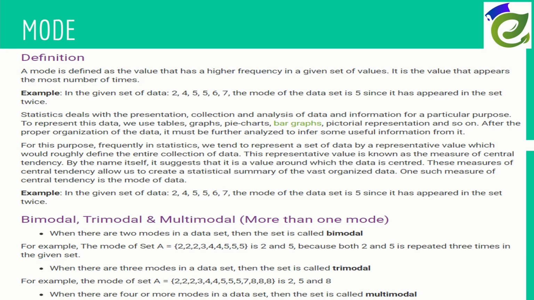Then we come to trimodal. What is trimodal? Trimodal means there are 3 terms having the highest frequency. Take one example: the mode of set A equals 2, 2, 2, 3, 4, 4, 5, 5, 5, 7, 8, 8, 8. Here 2 has repeated thrice, 3 once, 4 twice, 5 thrice, 7 once, and 8 thrice.